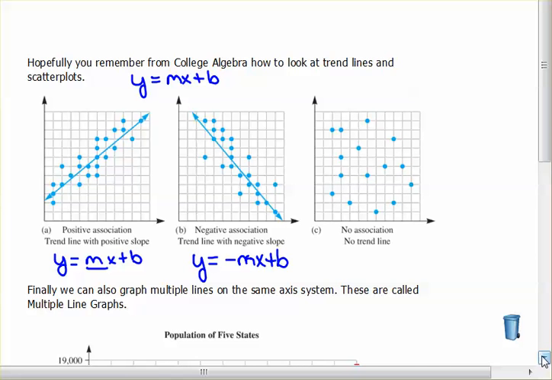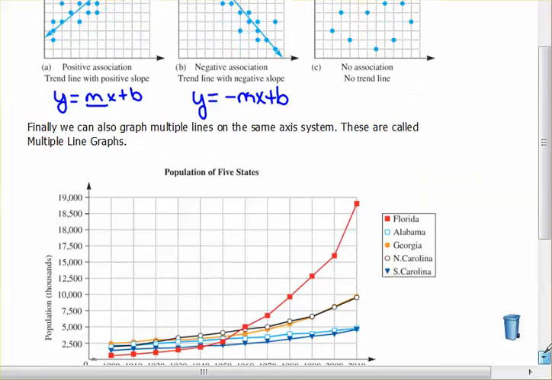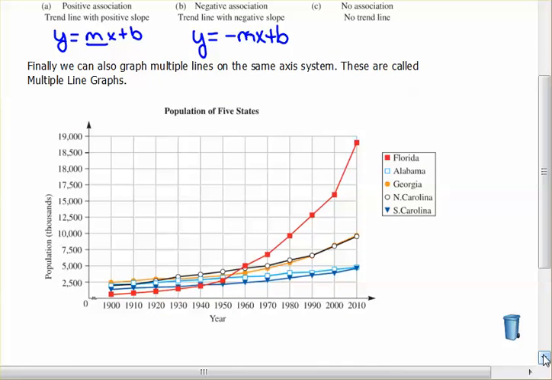Now, it's also possible to graph several lines on the same graph and then compare those two things. Like, for instance, here we have a graph that's talking about the population of 5 different states. So it's always important to have your legend out to the side so that you can read your graph and see what it's talking about. So here we have our red line talking about Florida.